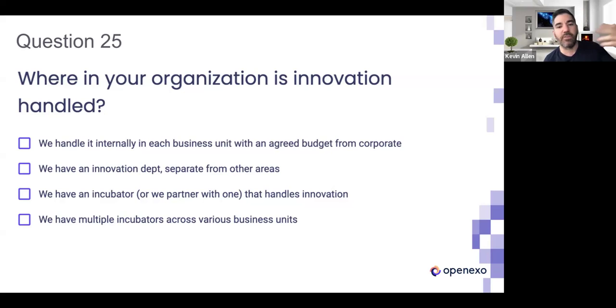But if it is a very large organization, this gives you a good understanding of the organization and the way it is innovating. And again, it also allows you to draw those parallels when multiple people have answered.